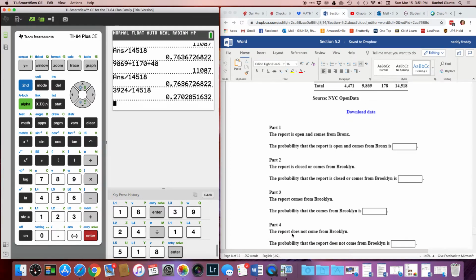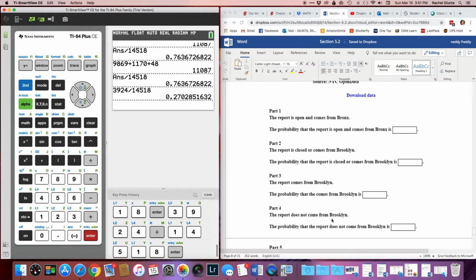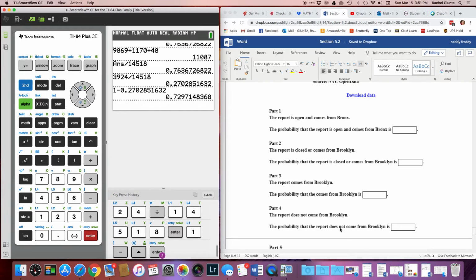Now we've got the probability that the report does not come from Brooklyn. So this has come up a few times. If the report does not come from Brooklyn, then we can take the probability that it does come from Brooklyn and subtract that from 1. So 1 minus, and then we can arrow up, grab that number we just calculated, and here we get the answer for this section.